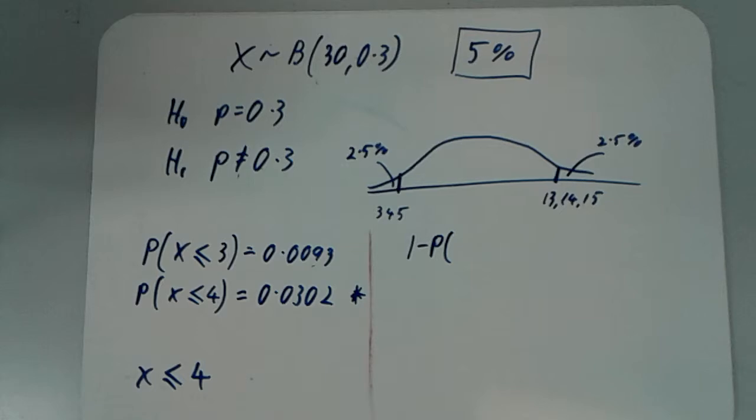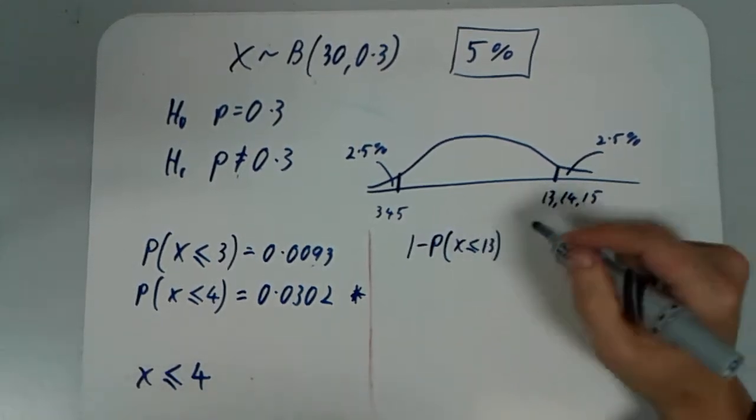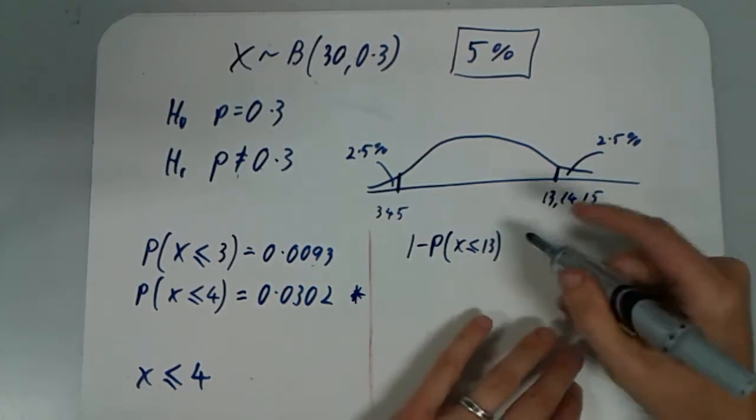If we try 13 and 14, they're our two closest. Remember, the calculator only gives you less than or equal to, so we need to do 1 minus to figure out greater than or equal to.